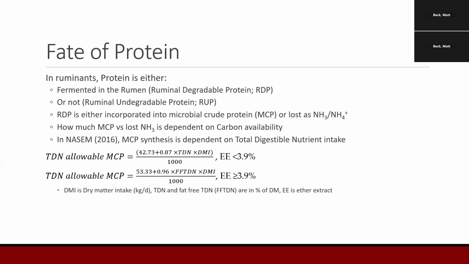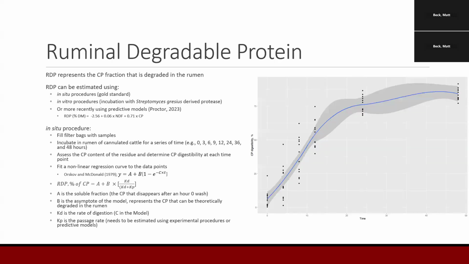Does that make sense? So if we know TDN allowable MCP and we know RDP, so how much of that protein is fermented in the rumen, we can calculate, what's that here? Oh, here we go.